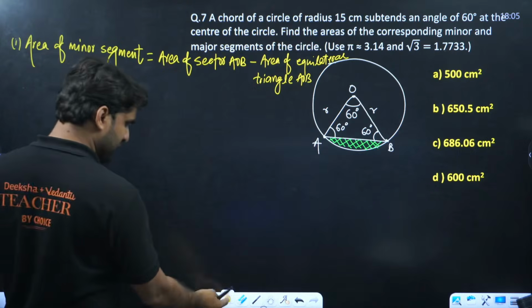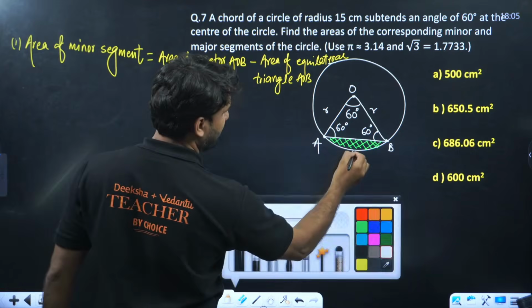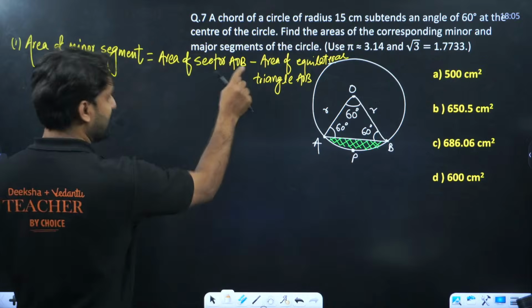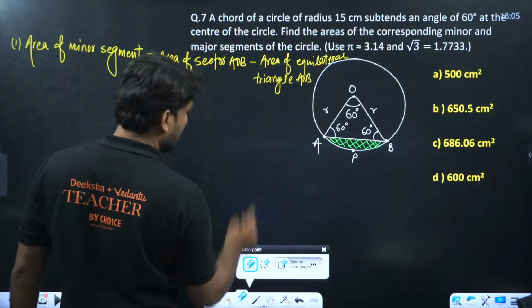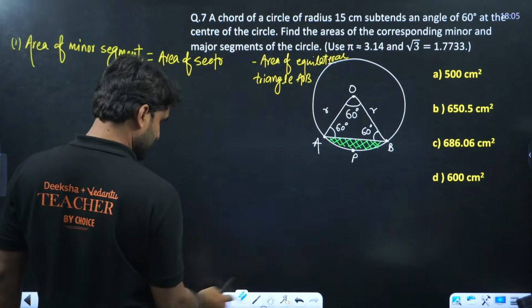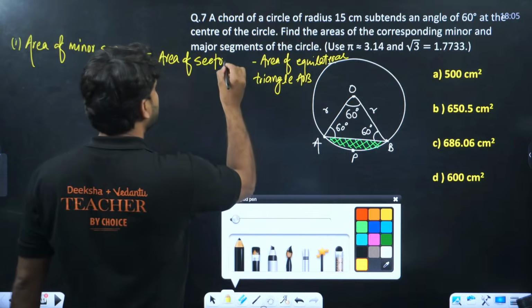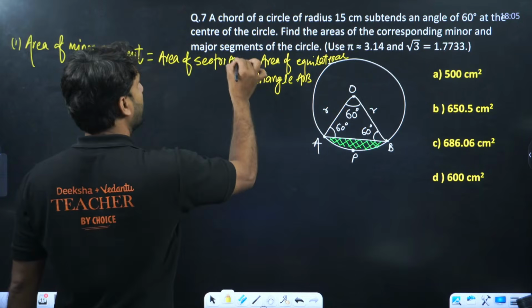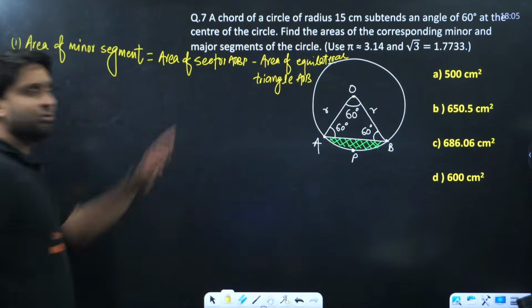It is better to mark one more point here so that you can write the correct name of the sector. Let's say I'm calling this P. So you can write the correct format of the sector: sector AOBP. Right? So this is the path.